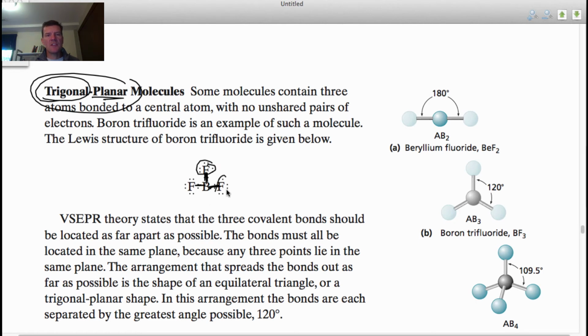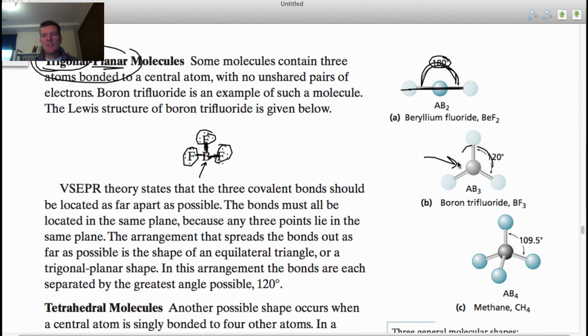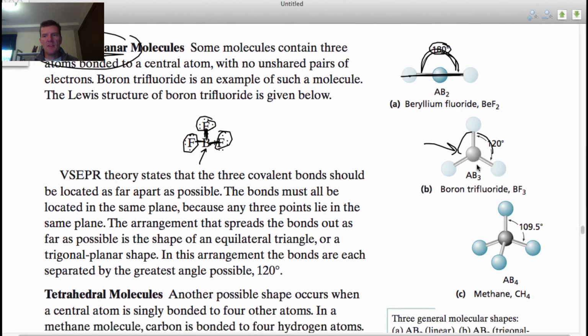So there's 3 fluorines around the central boron. When you have a linear shape, like we talked about before, the angle between the 2 bonds is 180. The angle between these bonds is 120. It's a circle, 360 divided by 3, right?